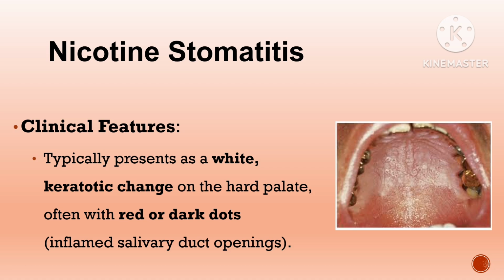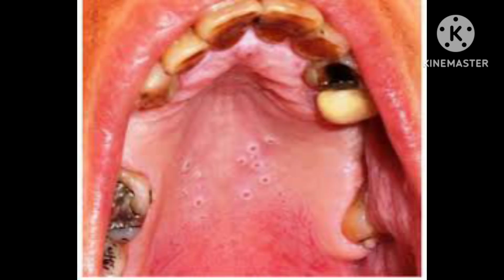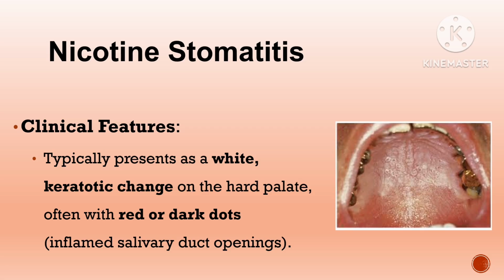Clinically, it appears as diffuse white fissured patches with red pinpoint dots representing inflamed ductal openings. This gives it a typical cracked mud or fissured appearance. Symptoms are not found, that means this lesion is usually asymptomatic and often reversible with smoking cessation only.